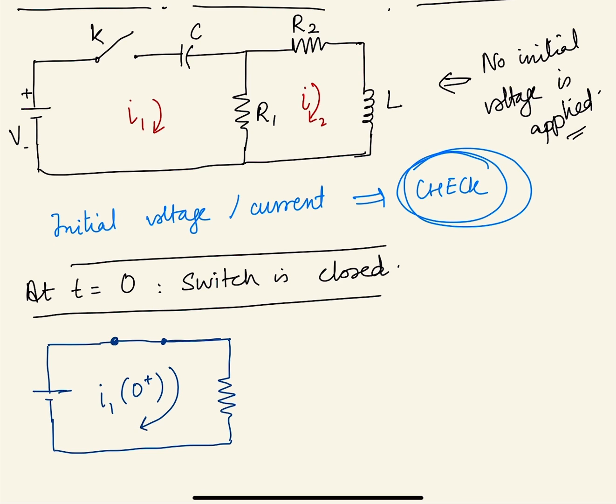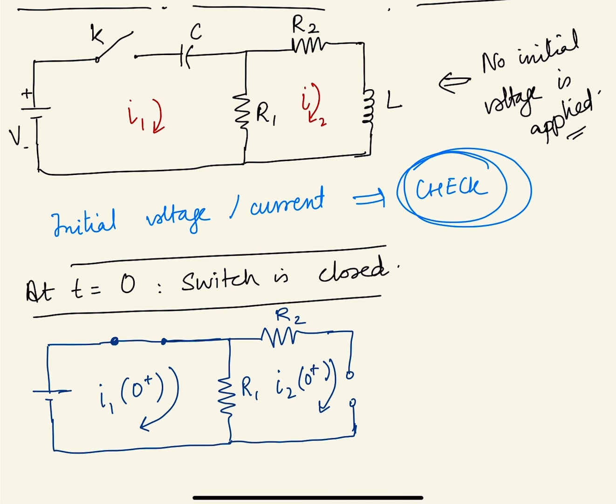This is I1(0+). This is R1. Now R2 will also be present like this. And what about L? L will be replaced by an open circuit. Why? Because no current was flowing in the circuit before this switching instant, right?